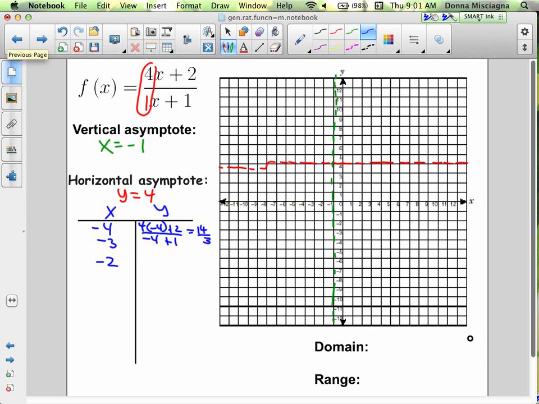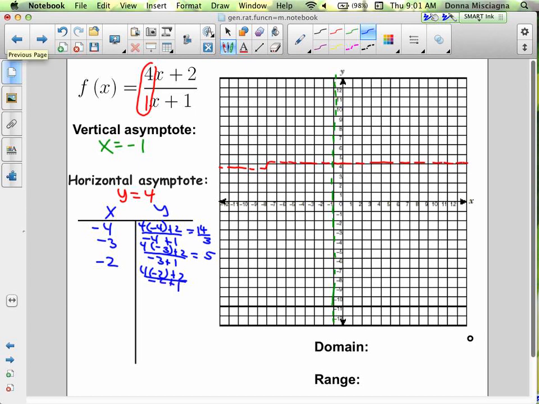And then 4 times negative 3 plus 2, and then negative 3 plus 1. So that'll be negative 12 plus 2, so negative 10 divided by negative 2. That's 5. That's a nice one. And then 4 times negative 2 plus 2. So that's going to be negative 8 plus 2, that'll be negative 6 over negative 2 plus 1.